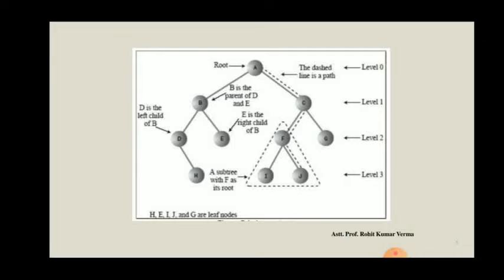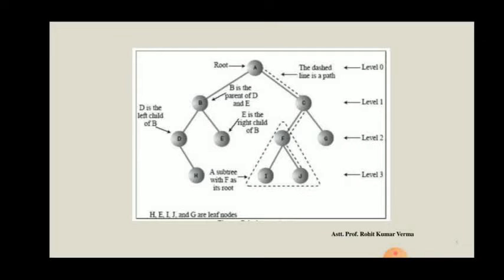Here you can see for node A the children are B and C. Similarly, in the left subtree, D is the left child of B. So for D, B is the parent.